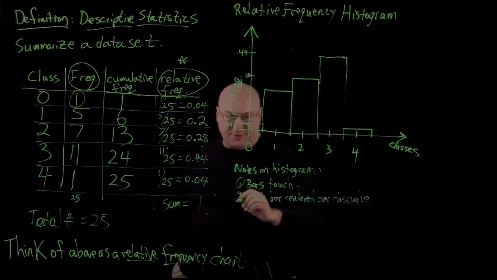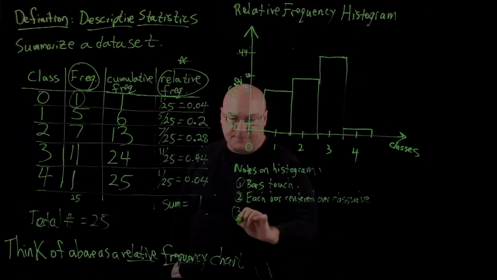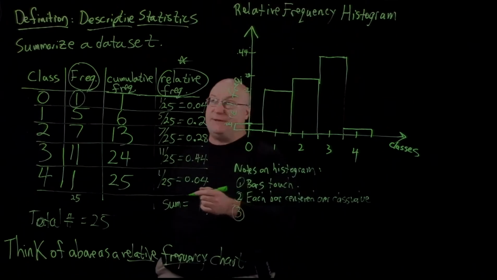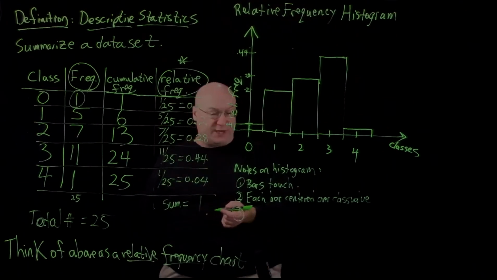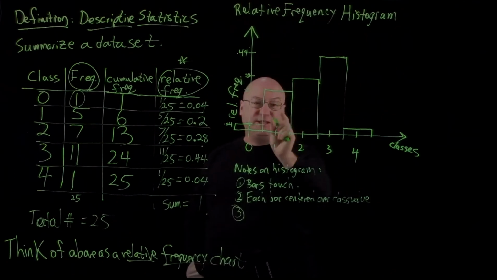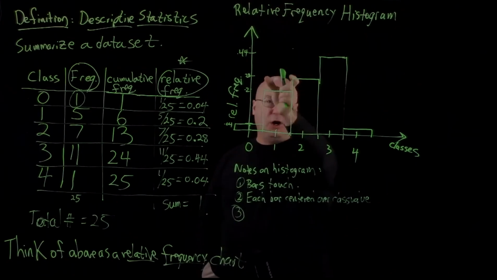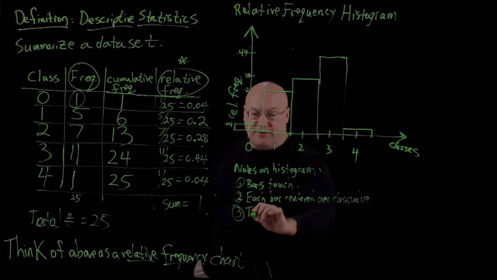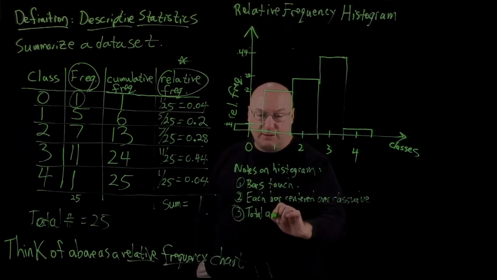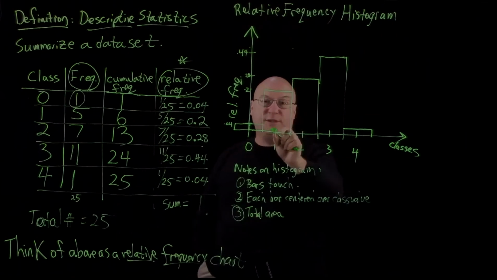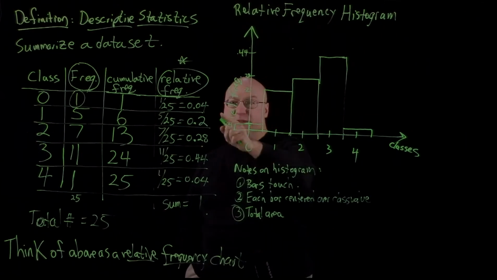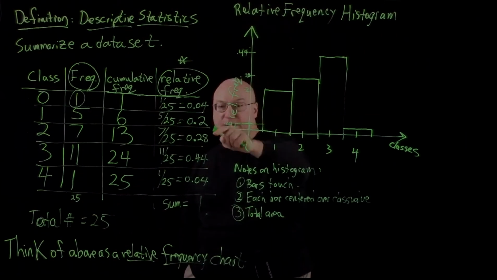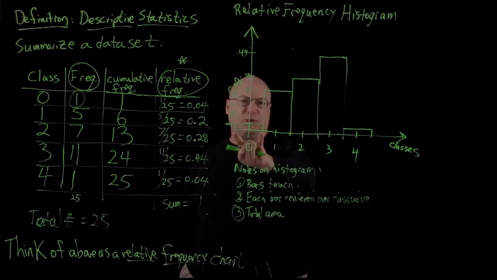What else? The other thing to notice here, this is a discrete data set, right? When I have a discrete data set, I have a single data value and a bar above it. In this case, the total area of all the bars, notice that the height of each bar is in each case the value over here, which I'll sum to 1. But what's the width of each bar?